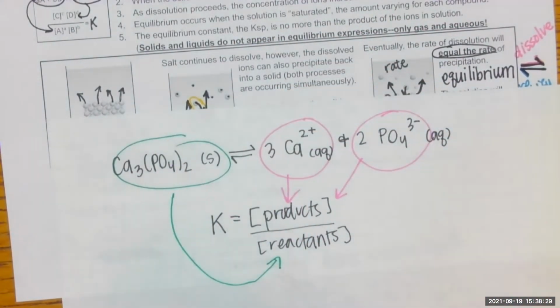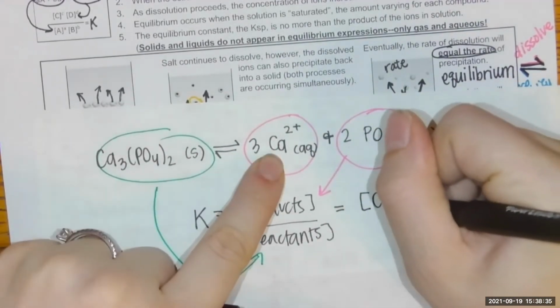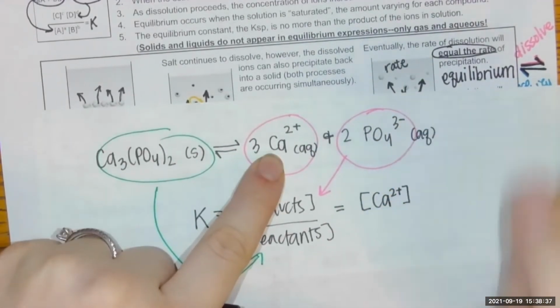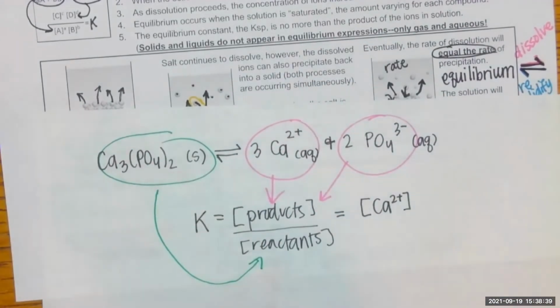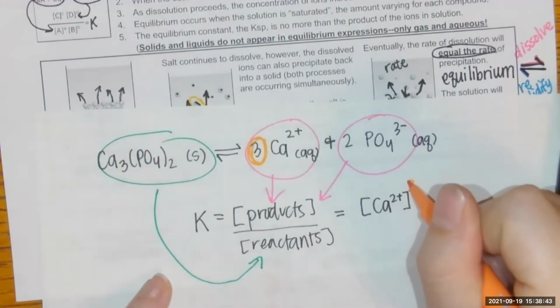So far, what I have is calcium, and the 3 in the front becomes the exponent.